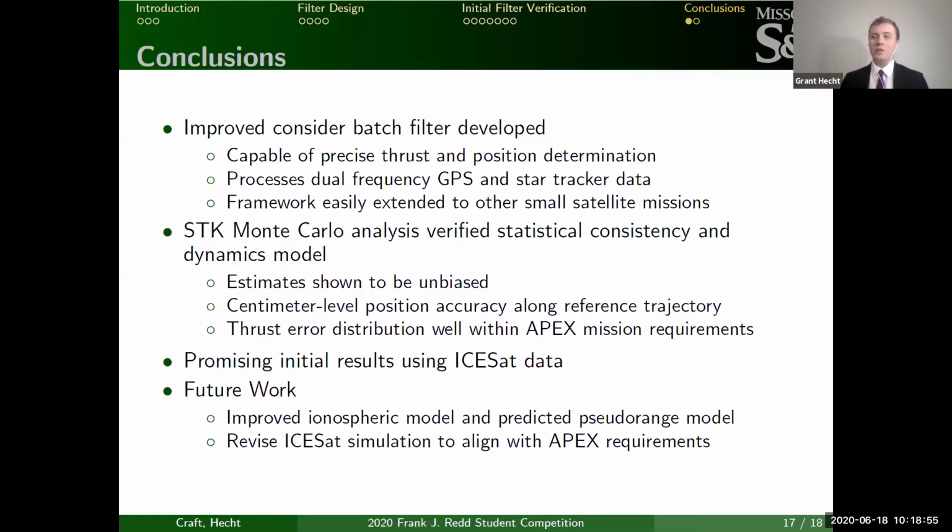So we can actually correct for that delay in the actual pseudorange measurements, but as far as computing the time of transmission from the GPS satellites, improved ionospheric modeling should be able to improve that calculation so we can get a better idea of the expected time that the signal was transmitted.